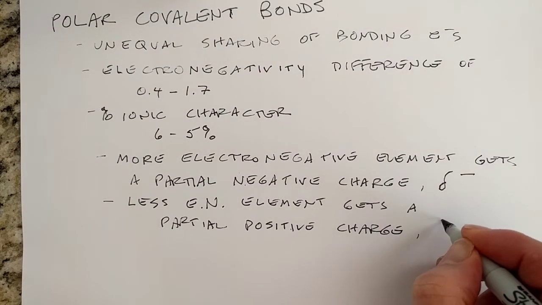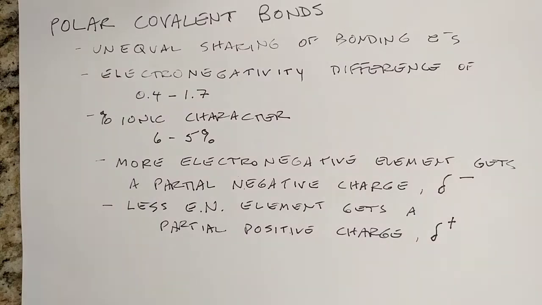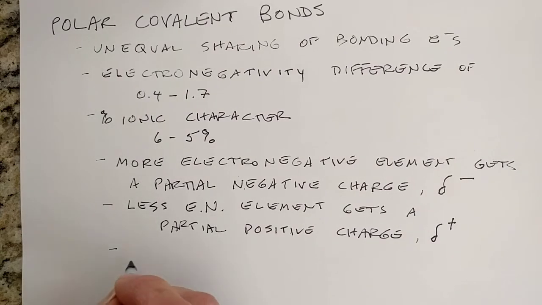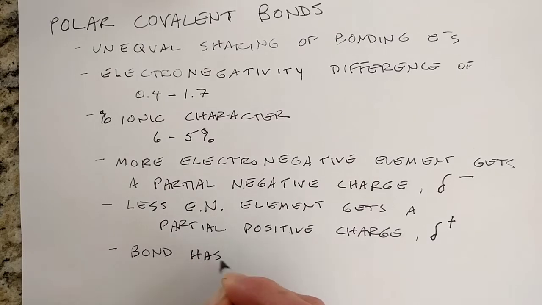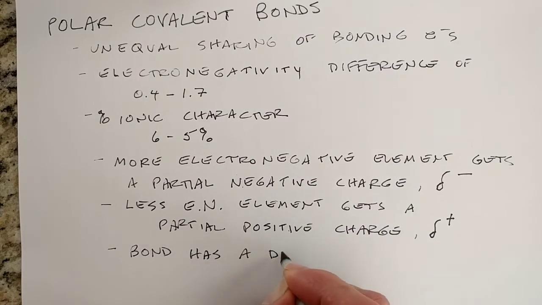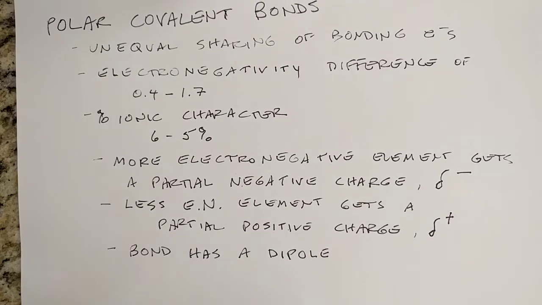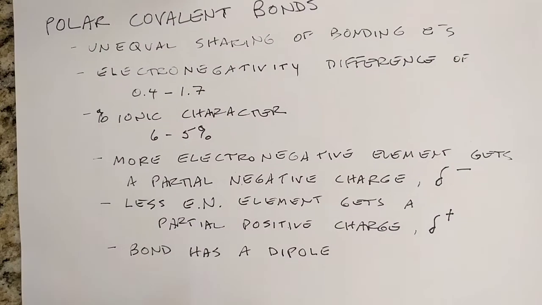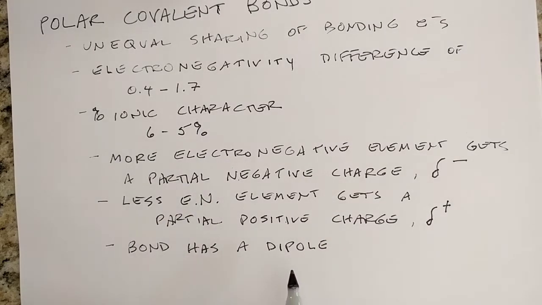And we represent that by a lowercase delta plus. So as a result of this, our bond has what is called a dipole. So that's where polar comes from. So just like we have a north pole and a south pole, a dipole has two opposite ends.